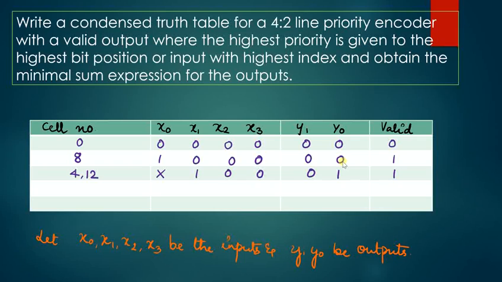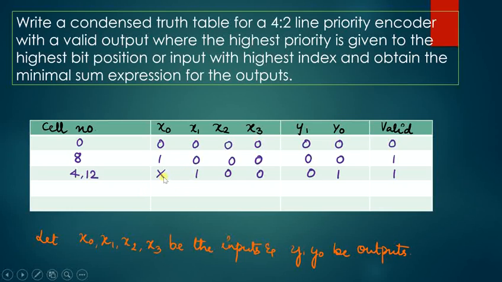In decimal notation, 0 0 corresponds to 0, 0 1 corresponds to 1, 1 0 corresponds to 2, and 1 1 corresponds to 3. Since x0 is equal to 1, this corresponds to decimal 0, so y1 and y0 are 0, 0. Here, y1 is the MSB and y0 is the LSB.